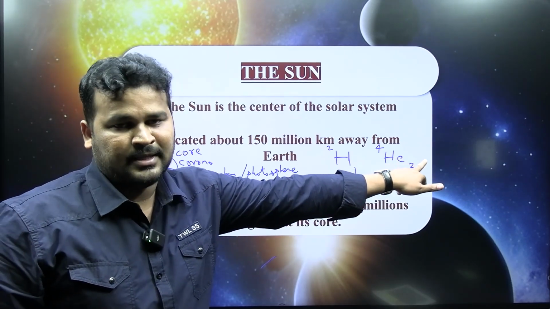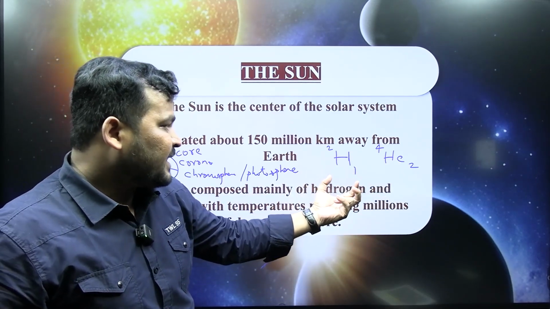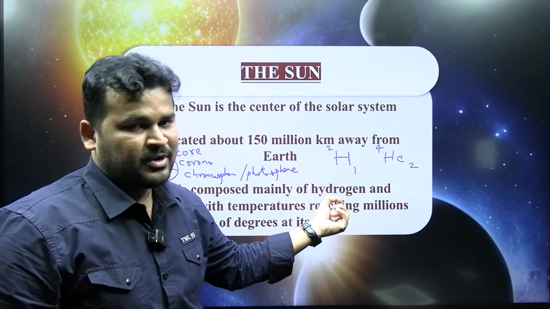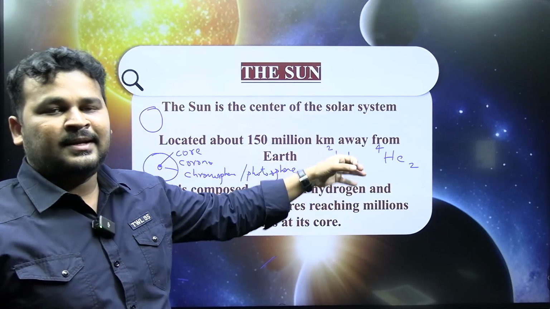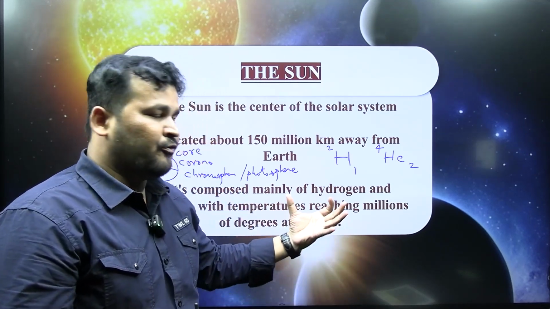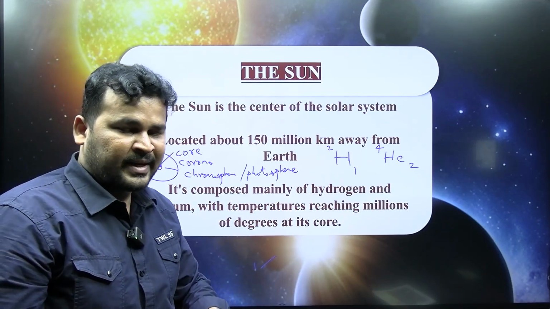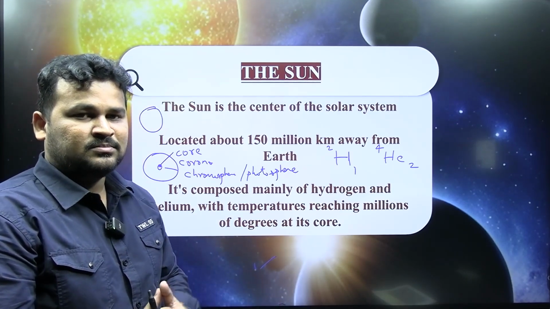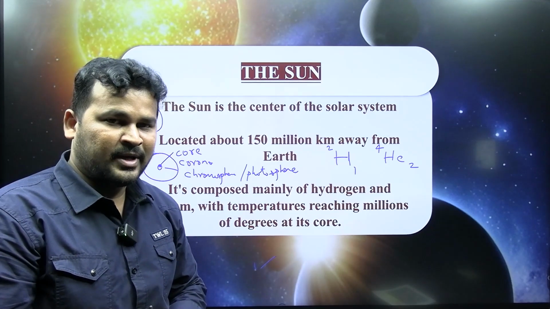Helium is formed by the interaction between hydrogen atoms. Whenever hydrogen atoms fuse, they release a vast amount of energy. That's why temperatures are very high in the Sun, and due to that we get sunlight on the other planets, including Earth.